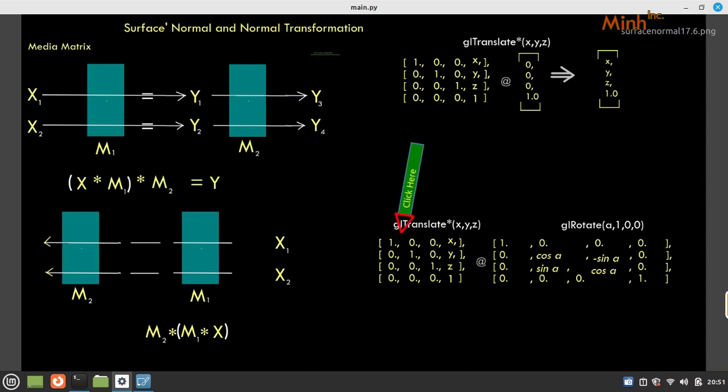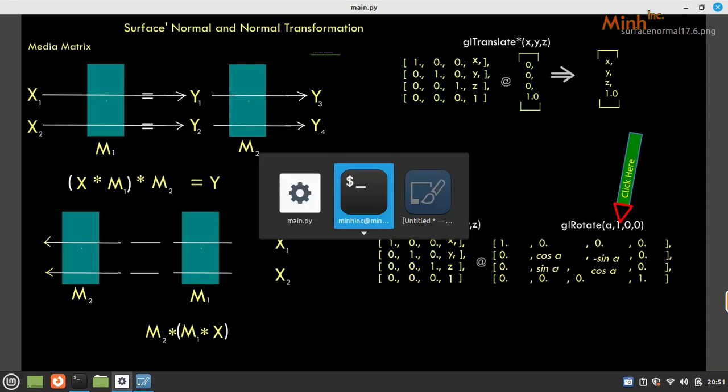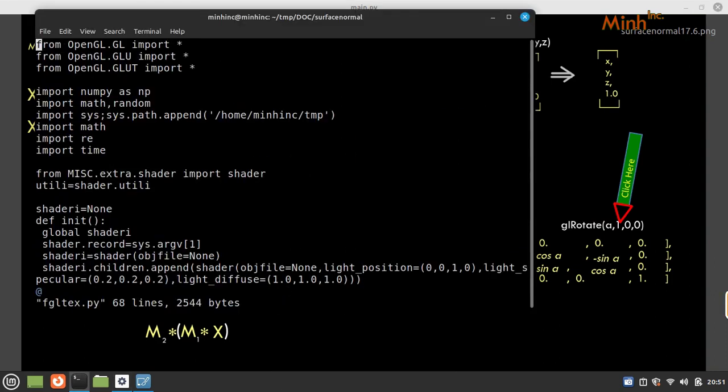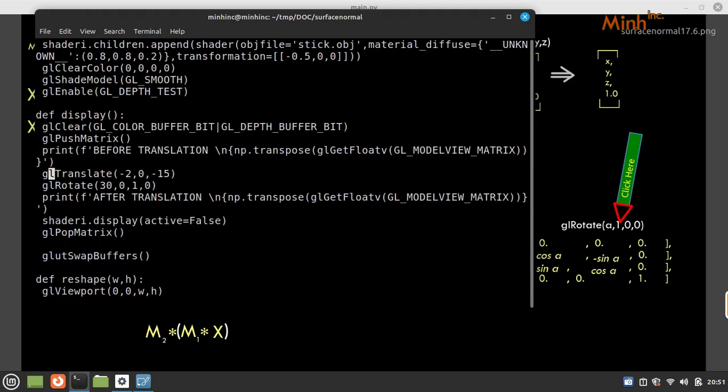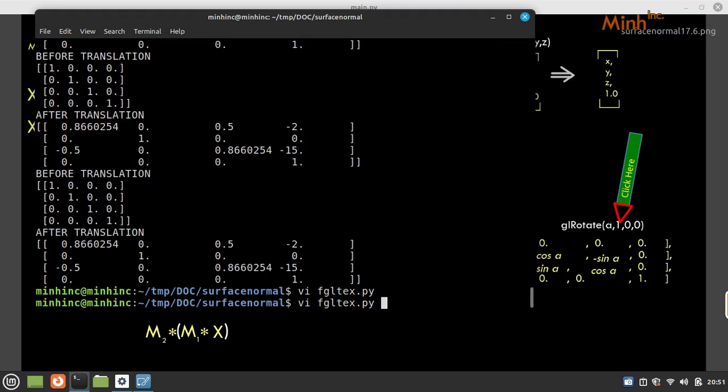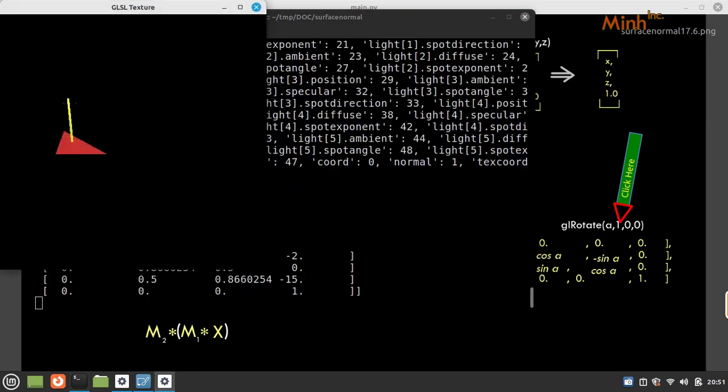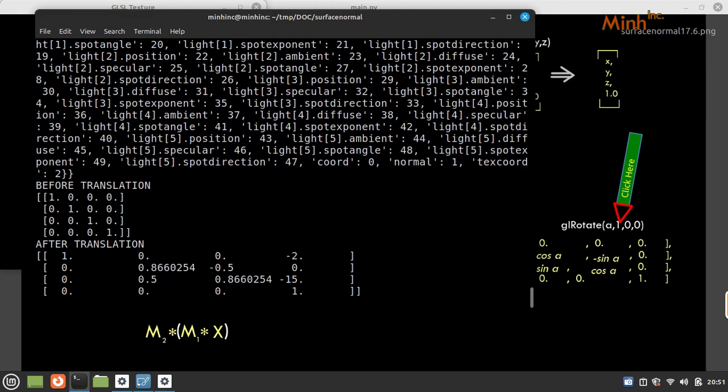Okay, so if I am rotating along the y-axis, so let's rotate along the x-axis the way we have. We'll rotate along the x-axis 30 degrees and we'll see the matrix. Now in the matrix we can see -2 and -15 are x and z, and this is cos 30, minus sin 30, sin 30, cos 30.